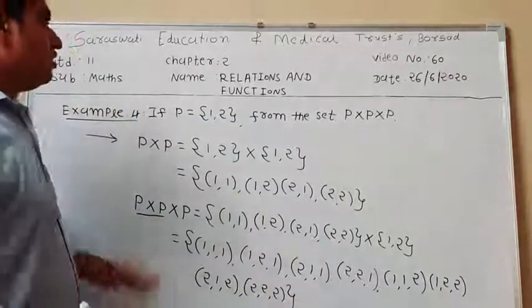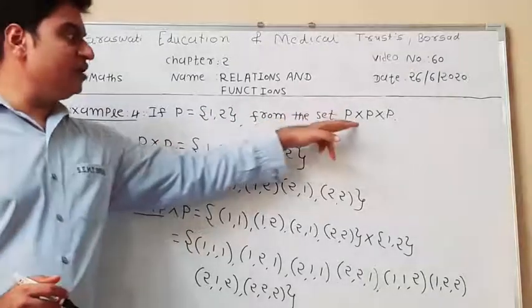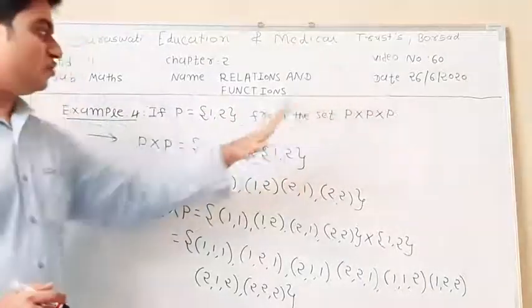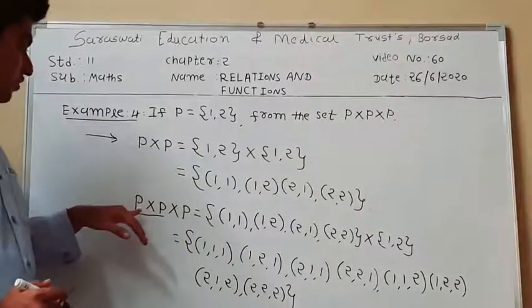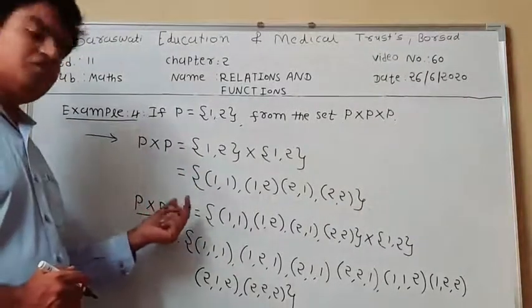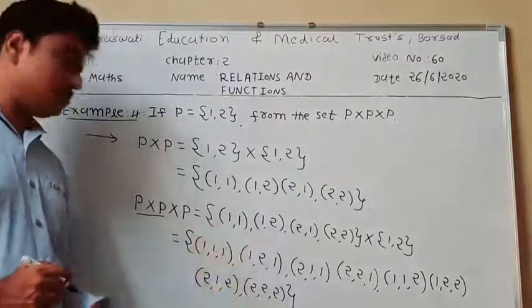Set over. So here set P is present, and we find P Cartesian product P Cartesian product P. First find P Cartesian product P, and after that P Cartesian product P Cartesian product P. Simplify this term, and we get this answer.